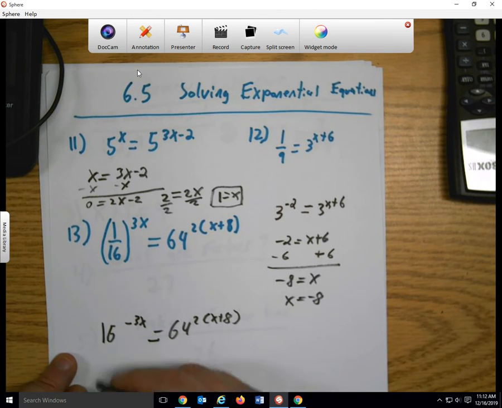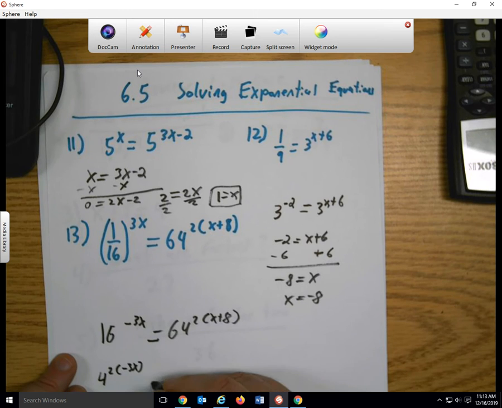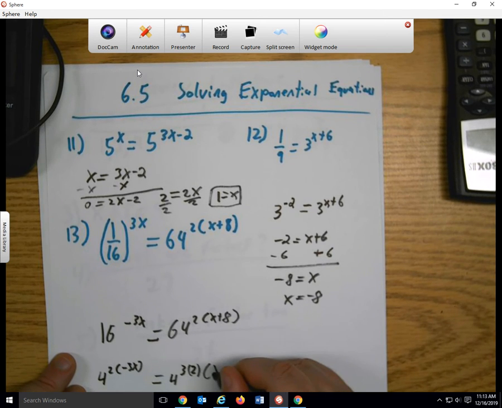So 4 to the second power, you're going to multiply that by what's already in the exponent, the negative 3x. And this is going to be 4 to the third power. You're going to have to multiply that by what's already there, which is a 2. Then you're going to multiply that product by what's already there.